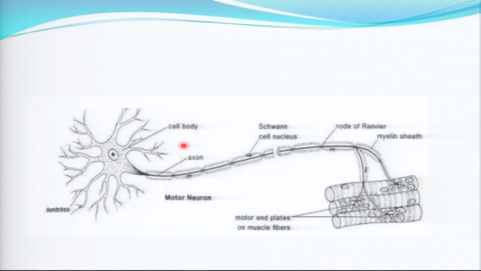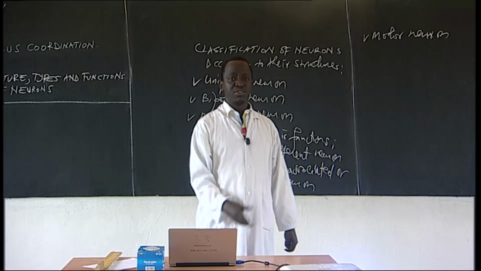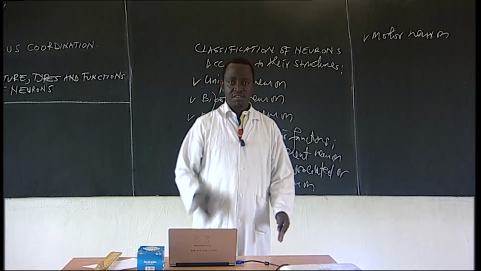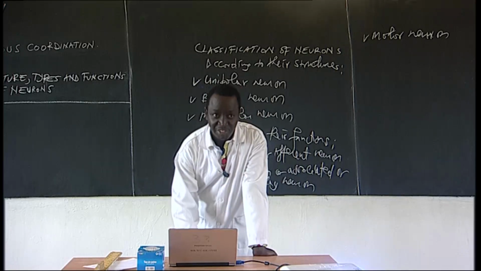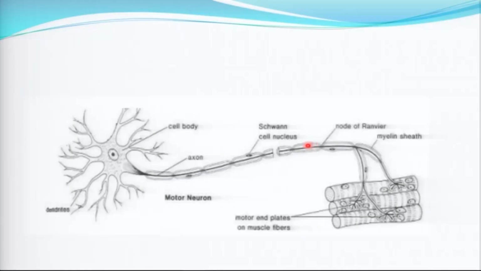It's just to increase the speed of the impulse. The impulse passes by what is called saltatory movement. The impulse moves by jumping. And that can also be helped by the myelin sheath that insulates the impulse. Are you getting the point?